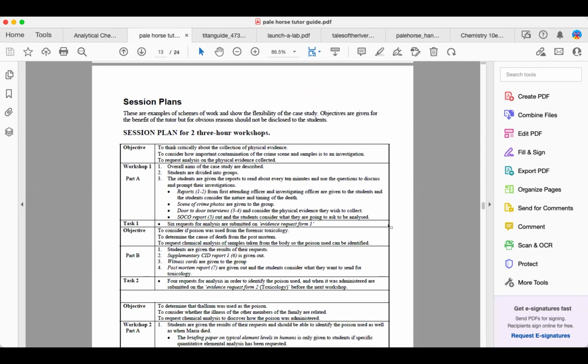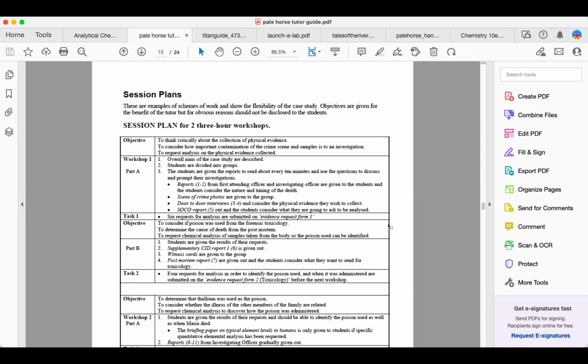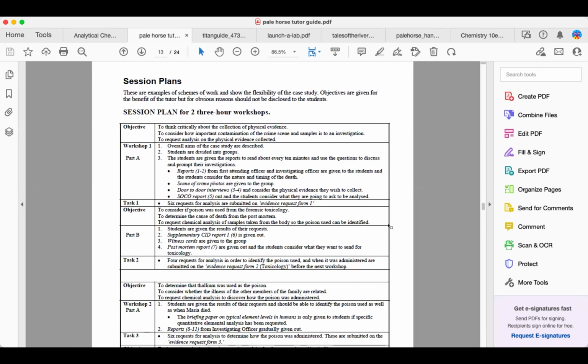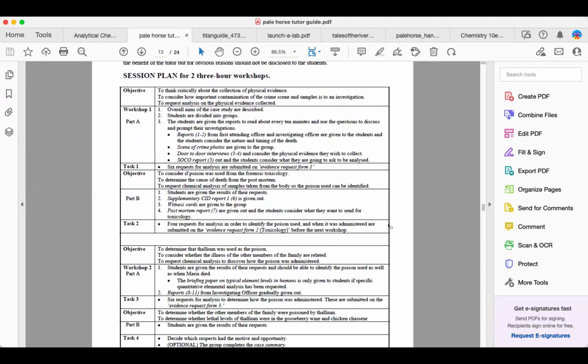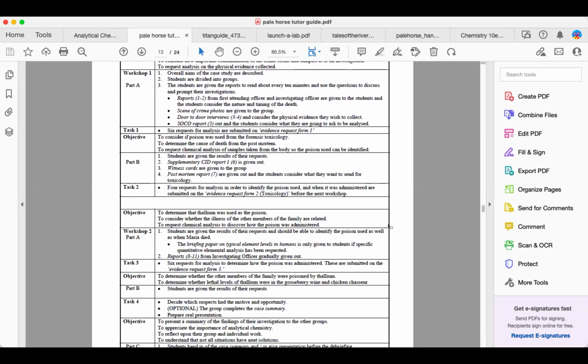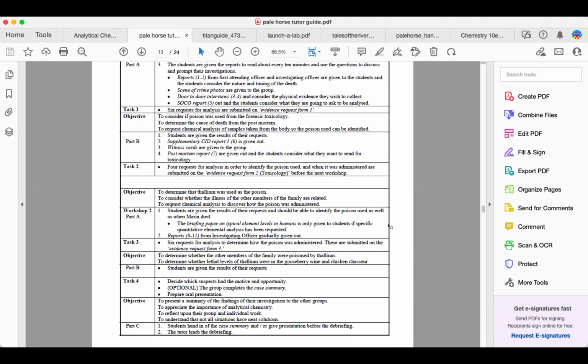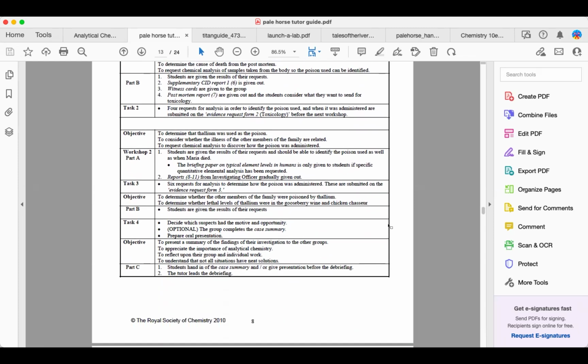So the overall aim is, the students are given the reports. I have divided you into groups, and I will share these reports with all of you. You know already that this one is for group 1, to consider what poison was used, from the forensic.